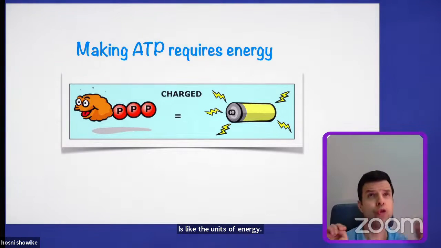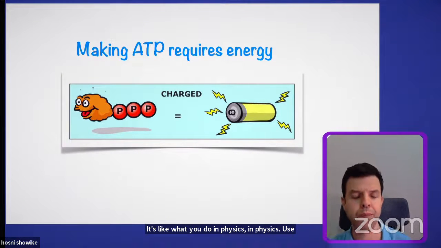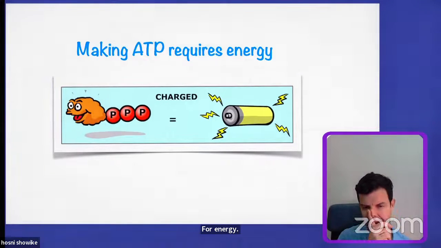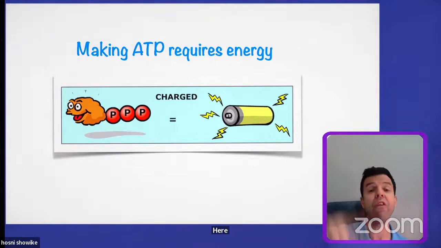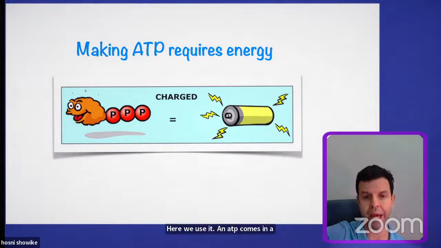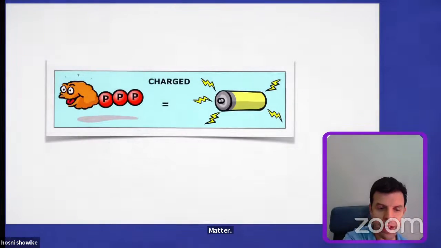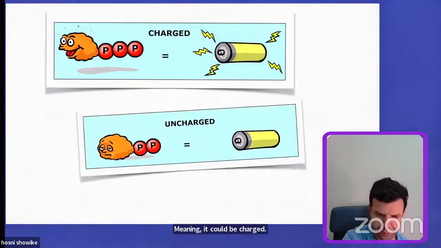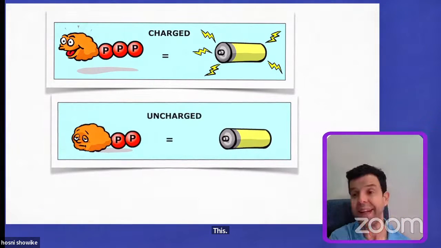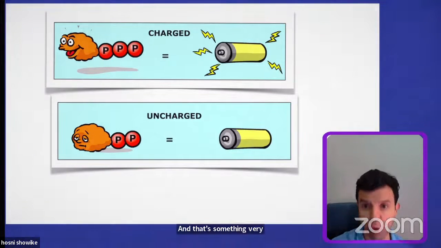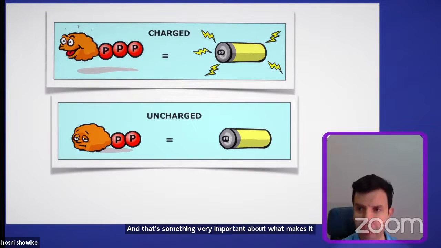In physics, you use joules for energy. Here we use ATP. And ATP comes in a recyclable manner, meaning it could be charged like this or could be uncharged. And that's something very important about ATP. That's what makes it very useful for any biological process.